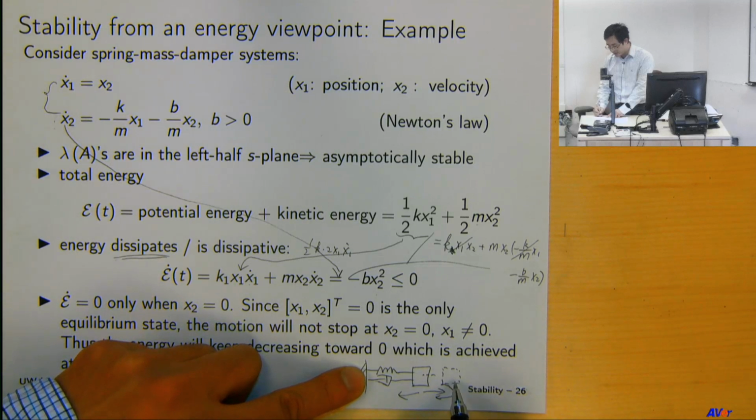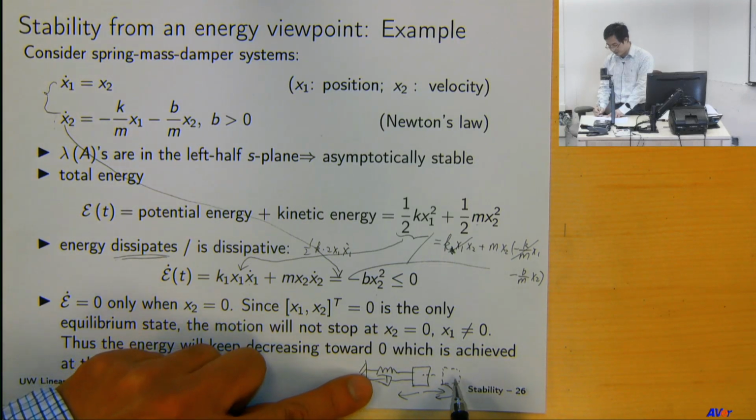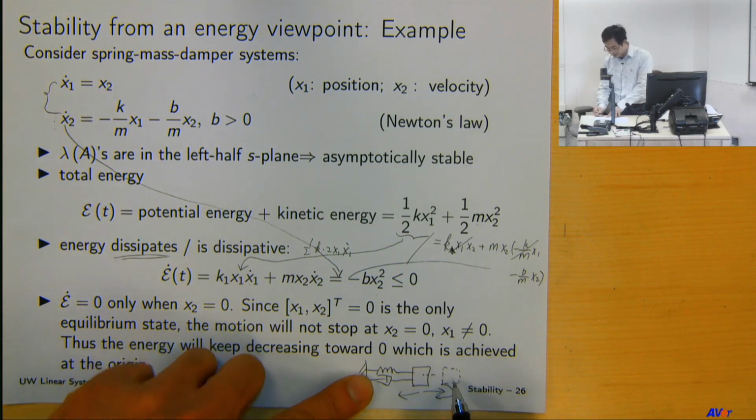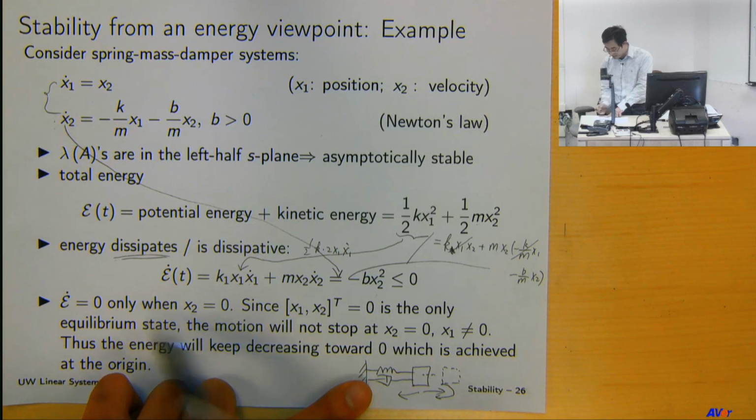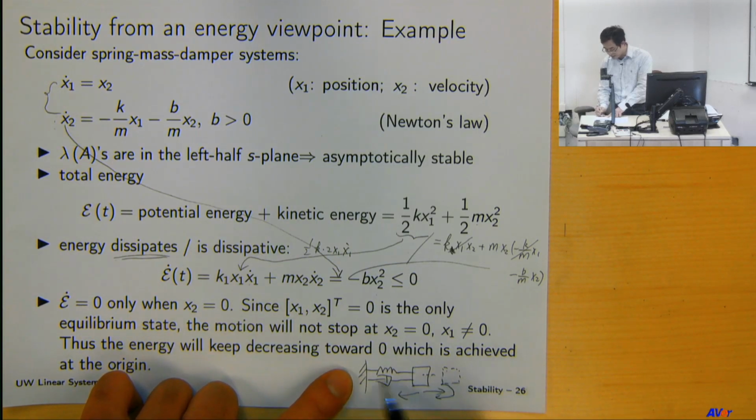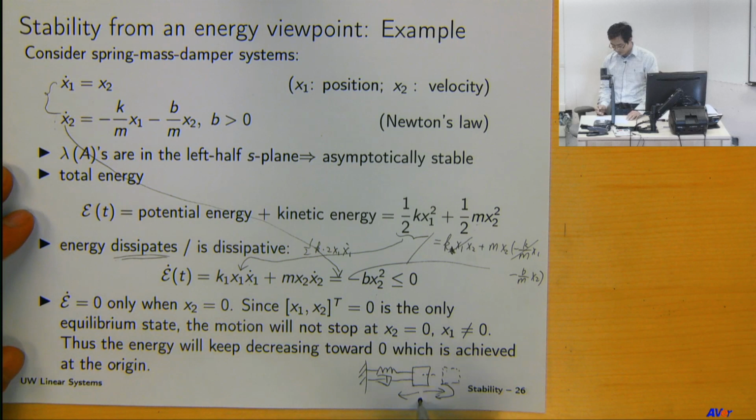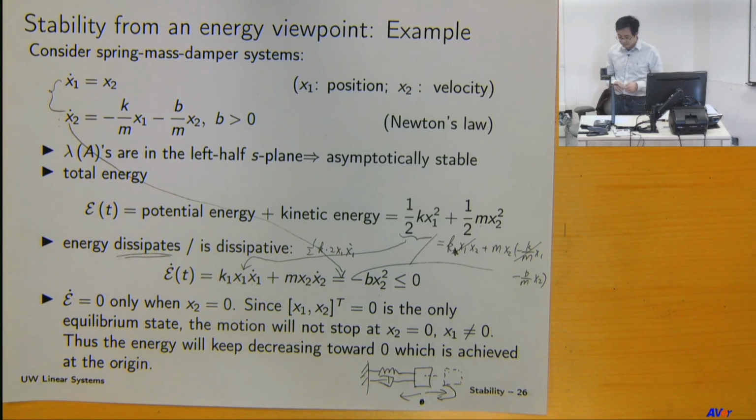At this point, the velocity is 0, but the position is not 0. It's not at the equilibrium point, so it's going to keep coming back. It's not going to stop here. So the energy is going to continue to dissipate from this point on until it goes back and forth and stops at this origin, at this equilibrium point. So that's the concept of how physically the energy dissipates to 0.